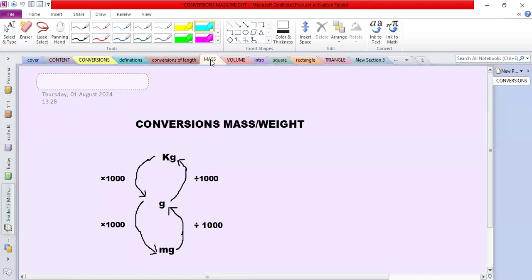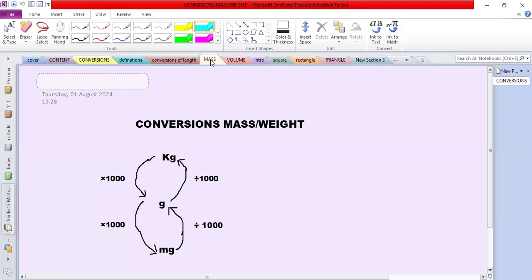Okay, we've also discussed the conversion of mass or weight, which the units are kilogram, gram, and milligram. These units are so much simpler because the distance between them is 1,000. It's always 1,000. From kilogram to gram is 1,000. From gram to milligram is 1,000. When you move from a smaller unit to a bigger unit, you divide. When you move from a bigger unit to a smaller unit, you multiply.